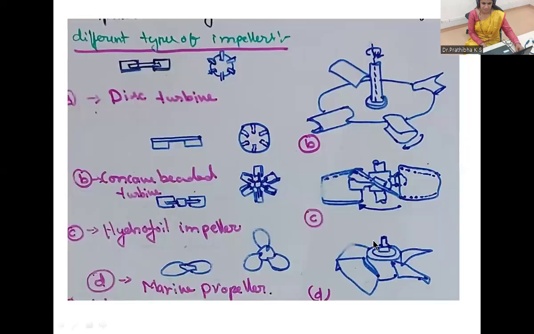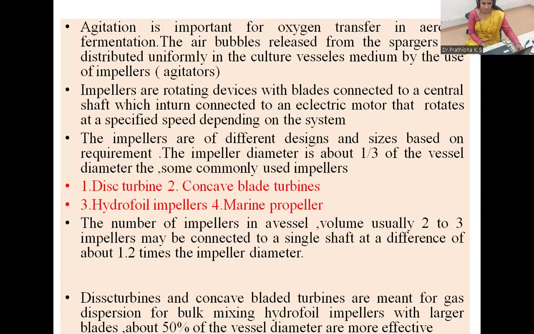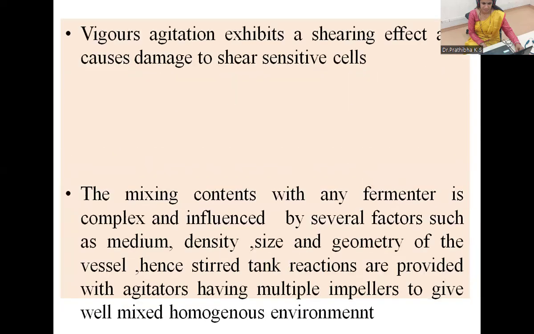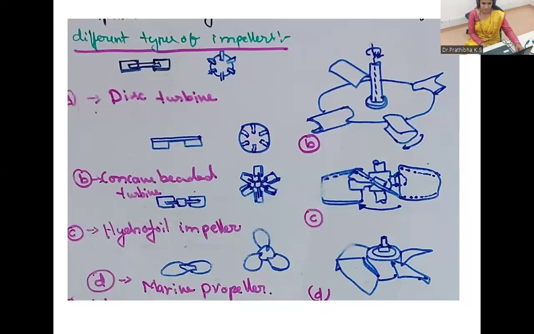Okay, so I hope you're able to understand about these agitators or the impellers. As I told, you are going to get different varieties of agitators. This is the disc turbine. Let us understand here.